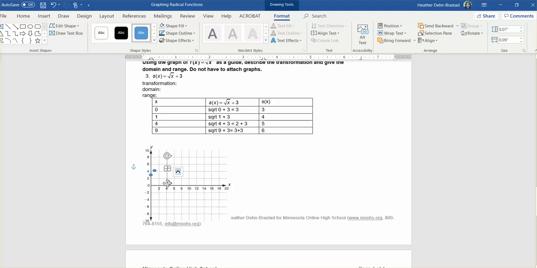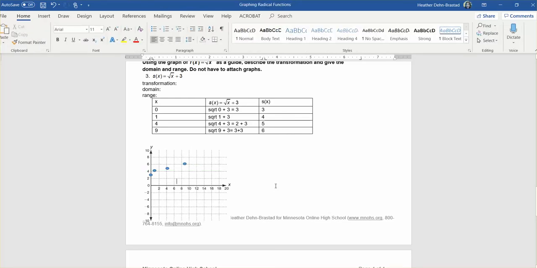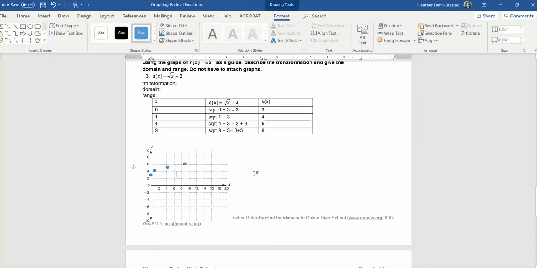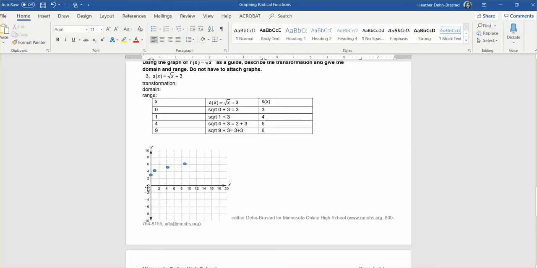There we go. And then I need another one at 9, 6. So over to 9 and up to 6. So there's my points. This one's a little low. And then you want a smooth curve through that.